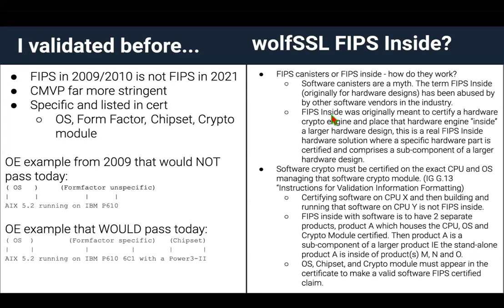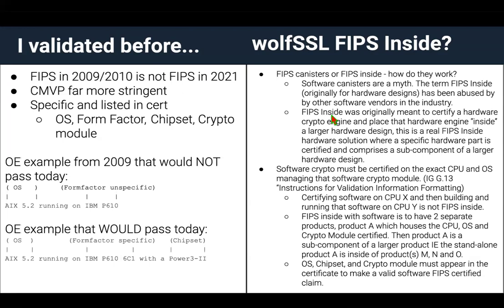You could certify the isolated standalone chip and then just say that chip was part of a larger design, and therefore all the motherboards in your product lines could claim FIPS conformance because you had certified that subcomponent of the larger design. That was the original intent.